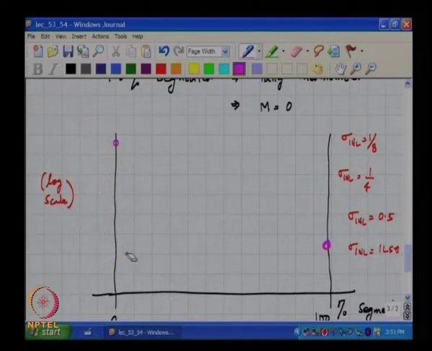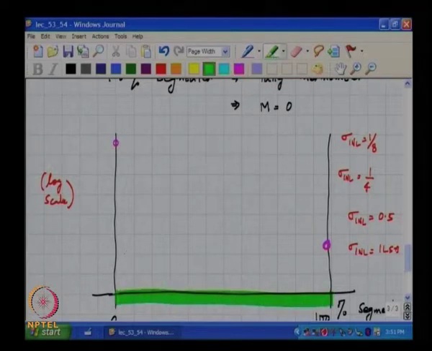The only thing you need to bear in mind is that this is a log scale. Since the y axis is a log scale and the x axis is linear in m, it follows that this line will be a straight line.